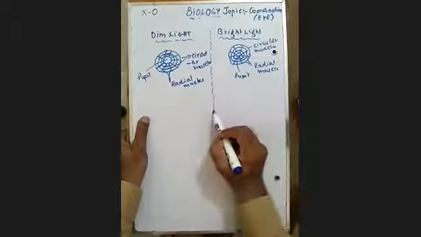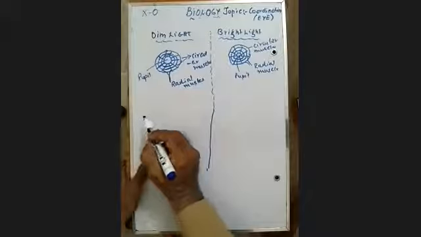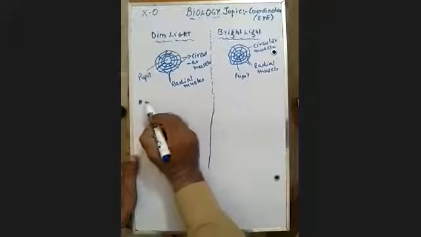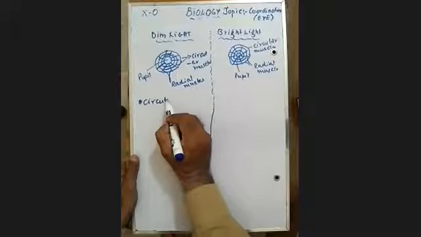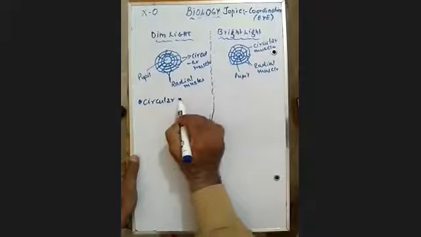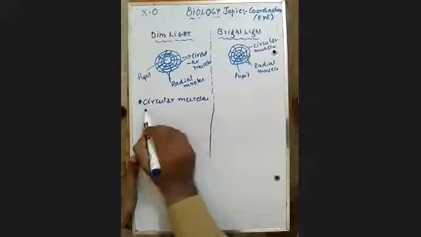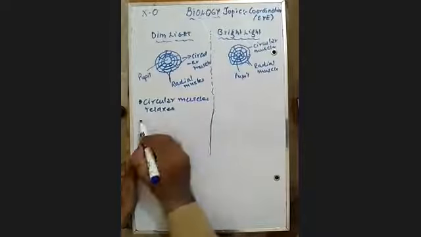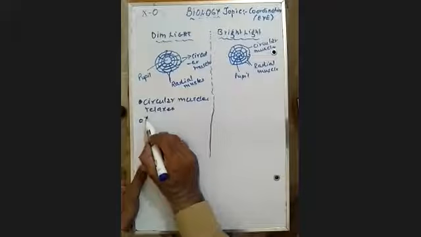First of all, I'll discuss about the dim light. What happens in dim light? The first point, I'll write all the points, the opposite will be over here. Circular muscle relaxes. Second point, radial muscle contracts.